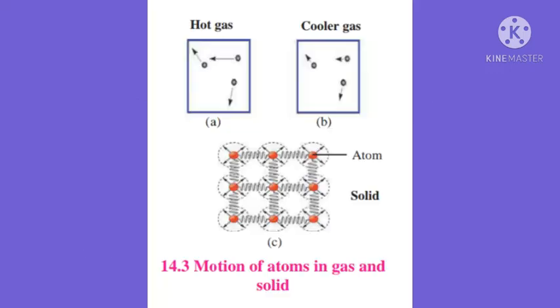Now we'll look at figure 14.3. In that picture, A and B show the velocities of atoms in a gas at high and low temperature respectively. The direction and the length of the arrows attached to the atoms show the direction and magnitude of the velocity of the atoms.